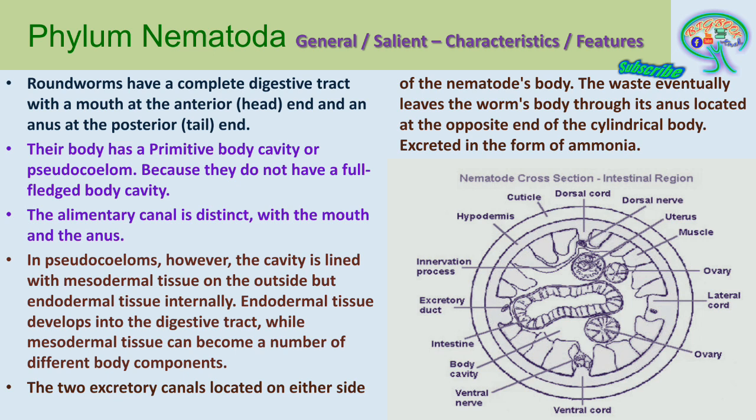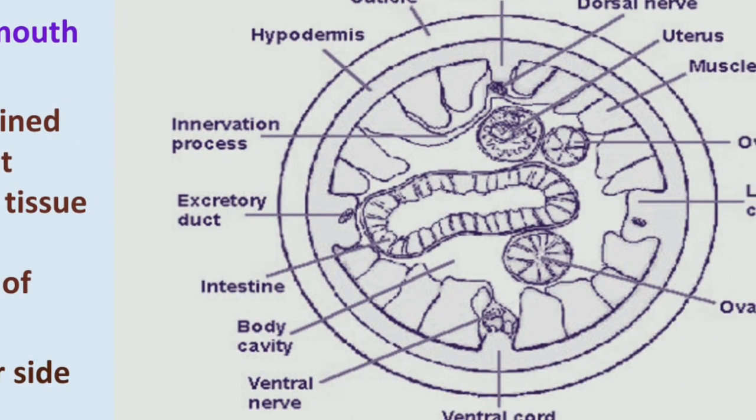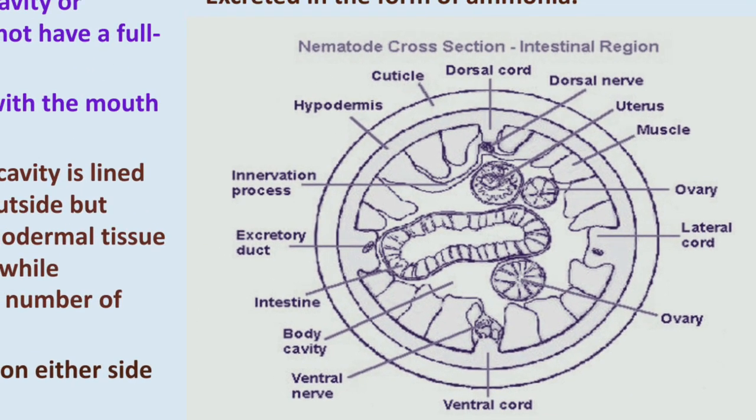Pseudocoelom means they don't have a complete body cavity to have separately organized organs. But as per the explanation, as it is a pseudocoelom, with the help of the tissue that is there, all the other tissue organization has taken place.